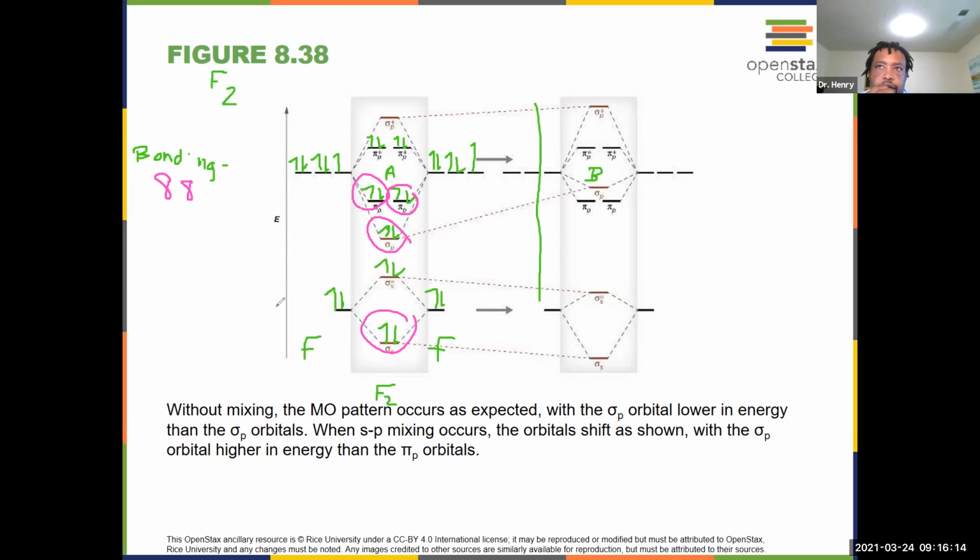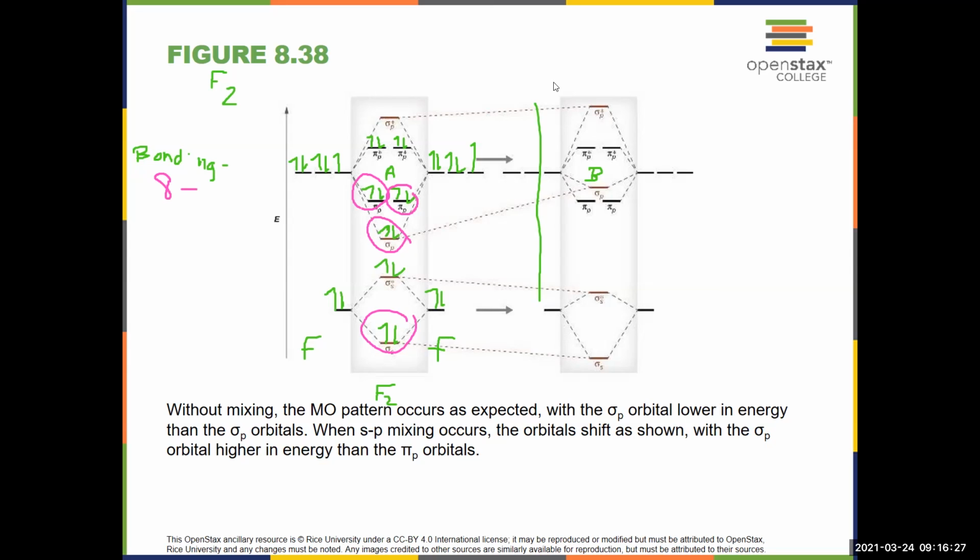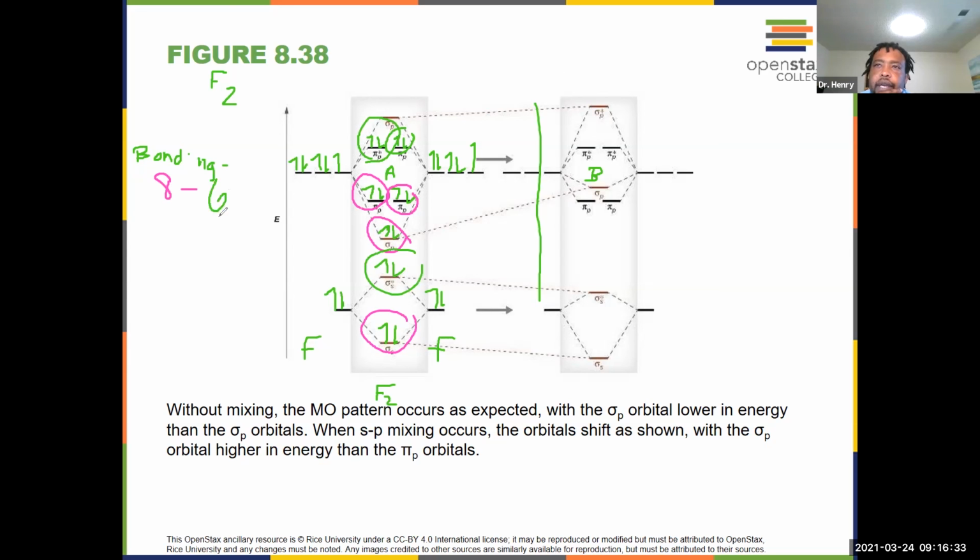So we have 8. Okay, so bonding, I have 8, and then anti-bonding, I have what? 6. Okay, so divide that by 2.